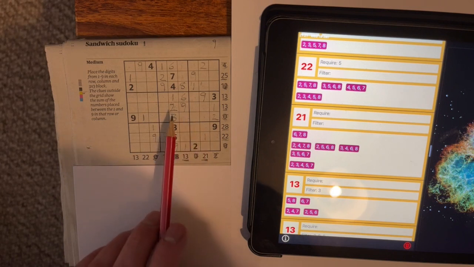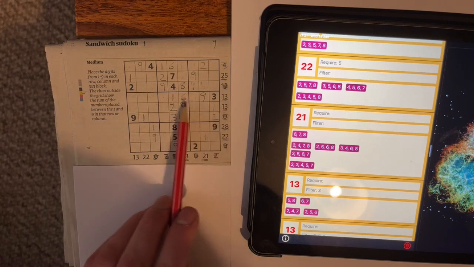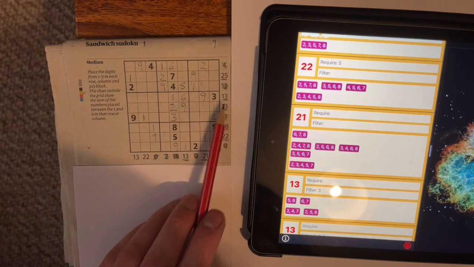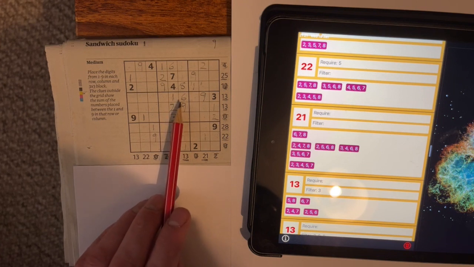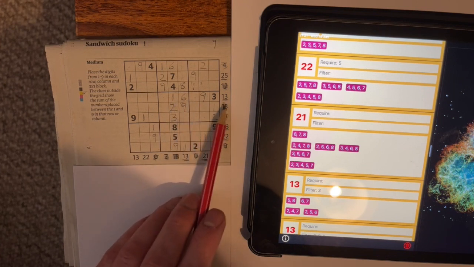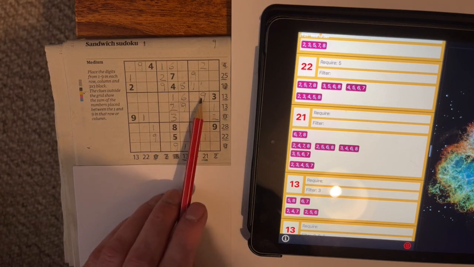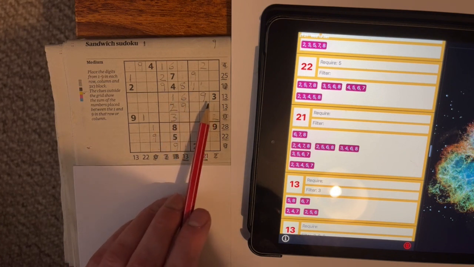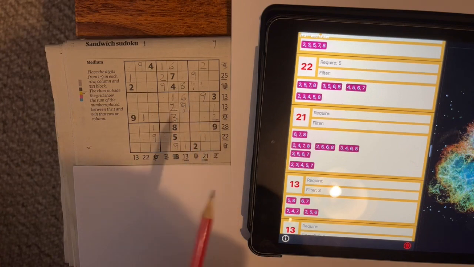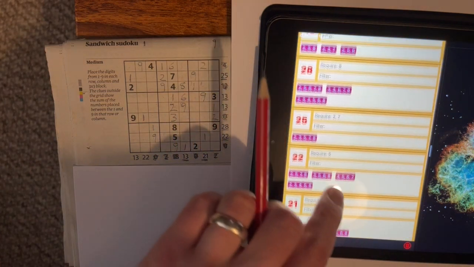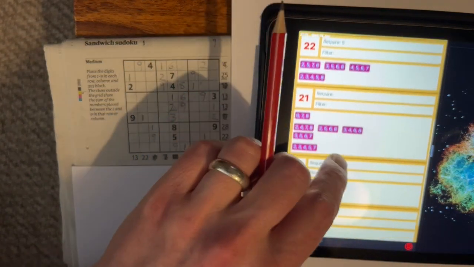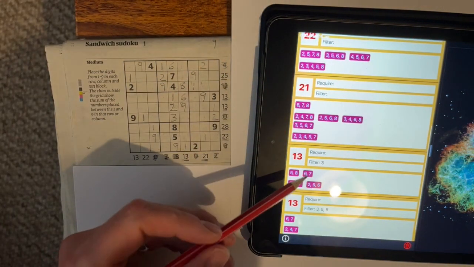And now we can come back to this area here because we've got a 13 here, and we know that between the 1 and the 9, it must add up to 13. Maybe we've got the actual one here, yeah, the filter 3 here.